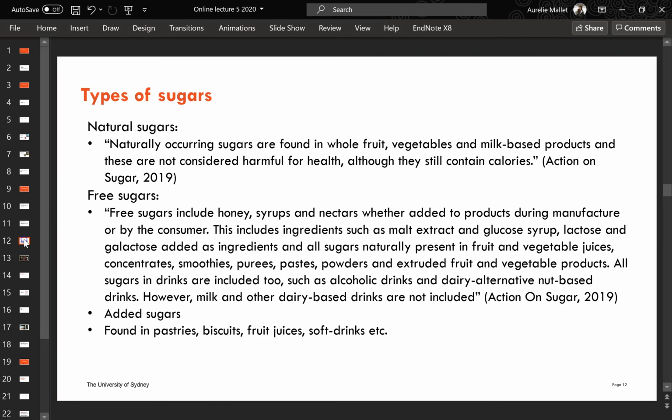So if we want to create a campaign aimed at sugar consumption, we need to know that there are different types of sugars. We would be leaning towards free sugars and not naturally occurring sugars, which are healthy for us.